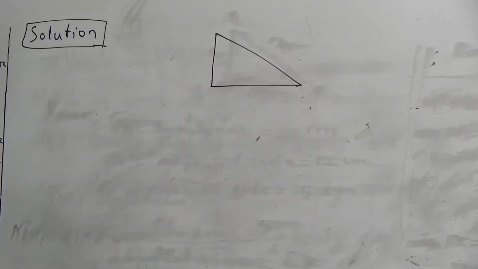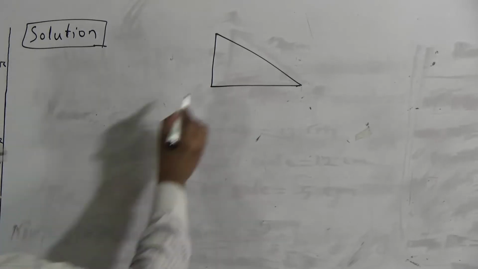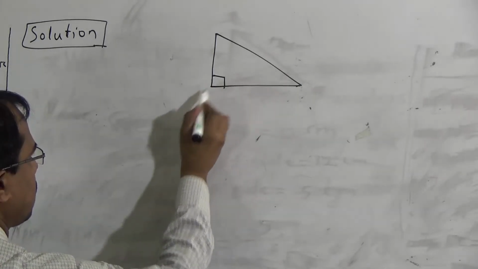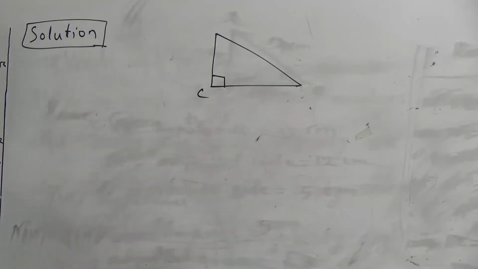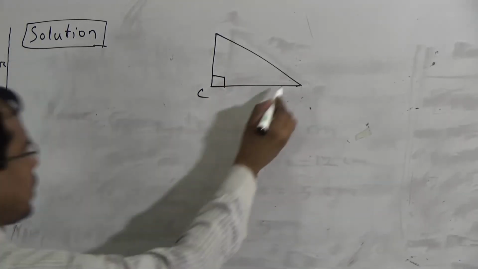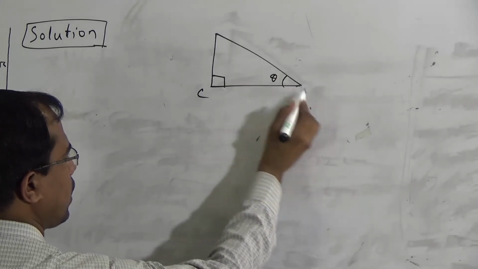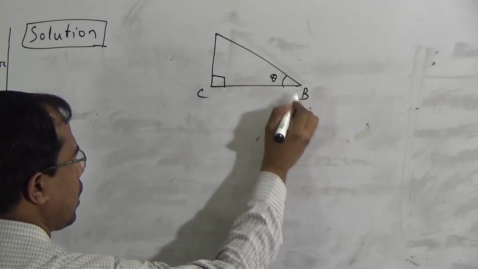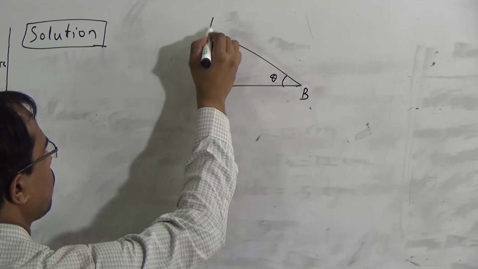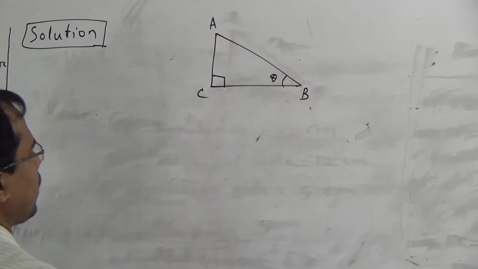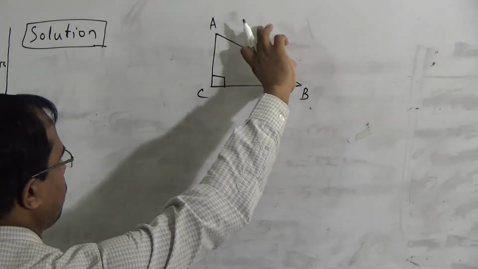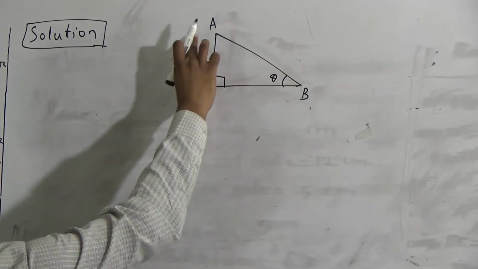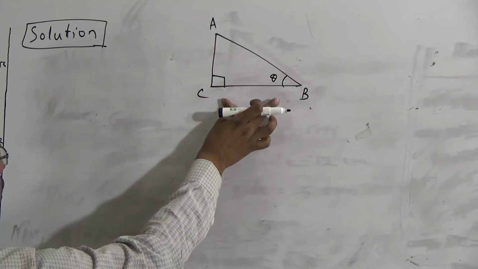Here angle C is the right angle, so here we have to put C, and ABC is theta. So here we have to put B, and now we have to put A here. That means here hypotenuse is AB, opposite side is AC, and adjacent side is BC.